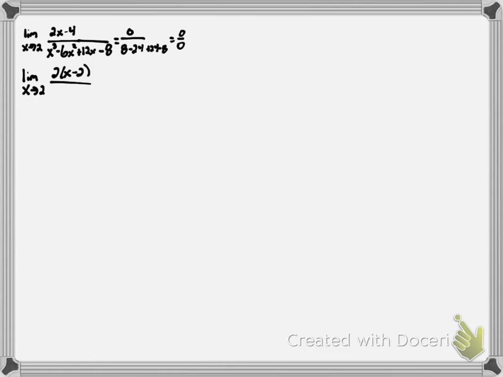So if I do long division, I've got x minus 2 going into x cubed minus 6x squared plus 12x minus 8.